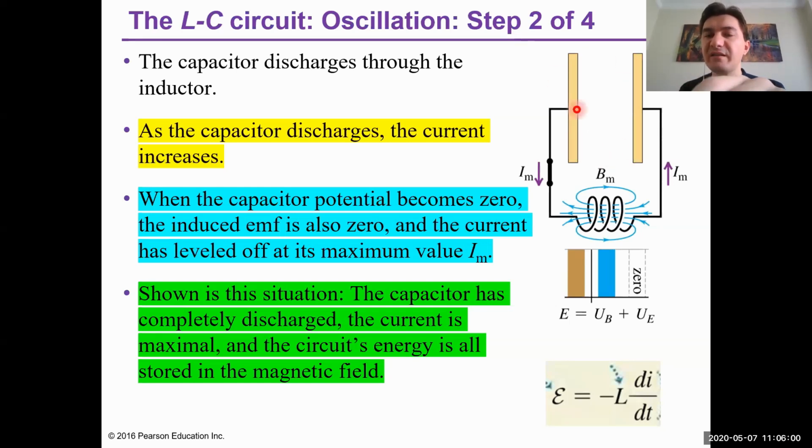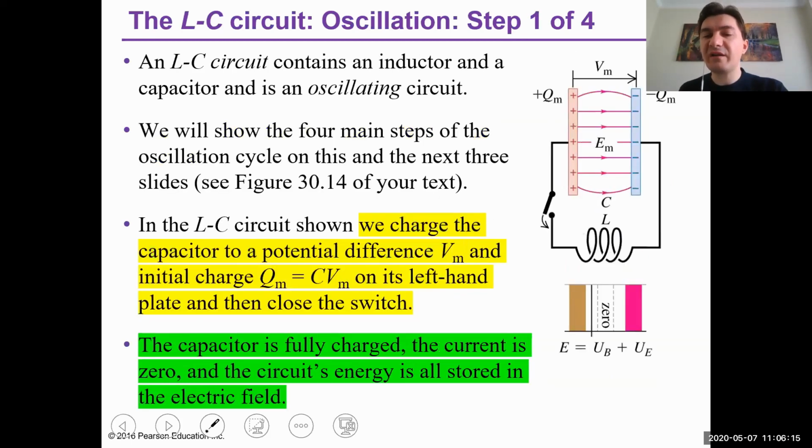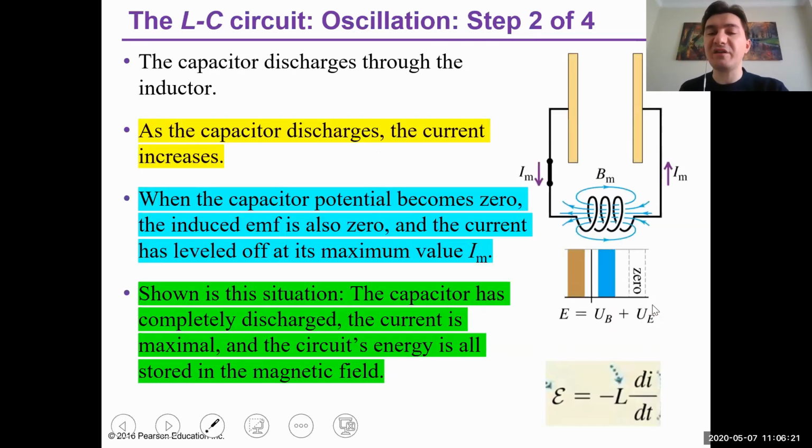We have nothing on that plate, we have nothing on that plate, because we have used them to produce a current in the circuit, and we stored the energy in the inductor. At the beginning we have energy stored in the capacitor, but now the whole energy is stored in the inductor in the magnetic field.